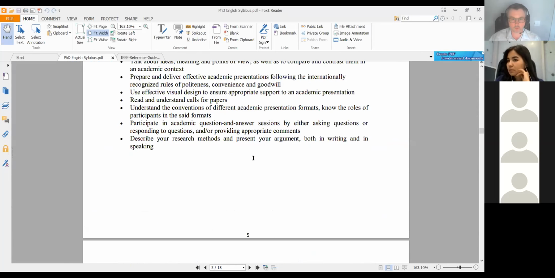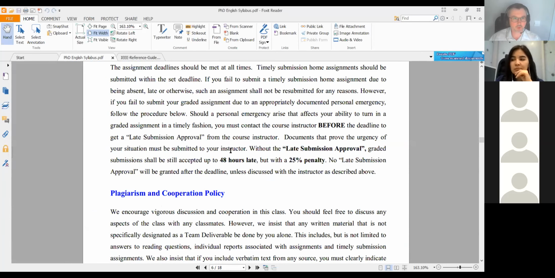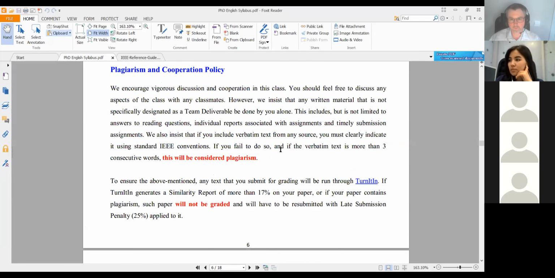Oh yeah, guys, one thing, it's about plagiarism. If you scroll to page 6 of the syllabus, you will see the part on plagiarism and cooperation policy. So it's important for you to know that a very strict plagiarism policy will be enforced for this course.